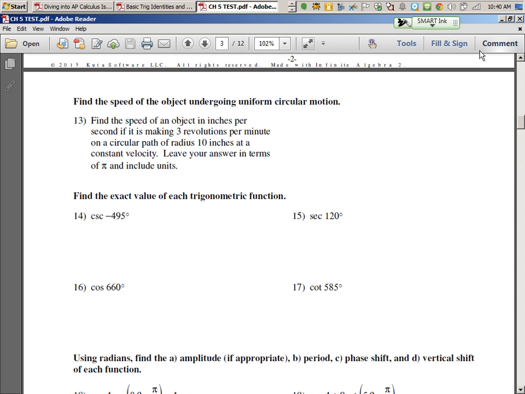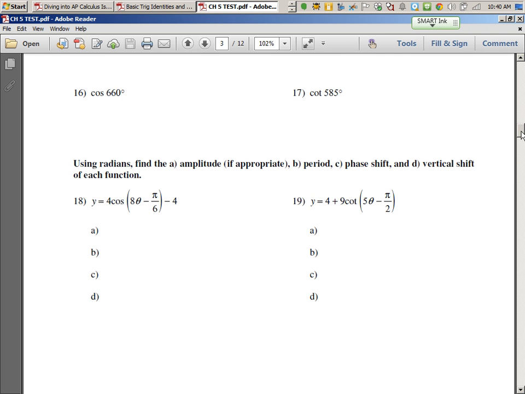All right, let's go down to number 18. Okay, so this is a cosine graph. The amplitude is the absolute value of that number. So the amplitude is 4. The period is supposed to be 2 pi over omega. Omega is right there. So it's 2 pi over 8.